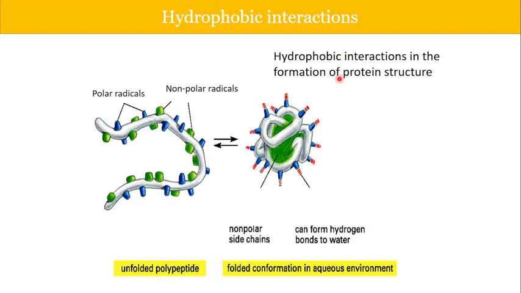Coming to the next one, hydrophobic interactions. Hydrophobic interactions are important in the formation of protein structure. There are polar moieties as well as non-polar moieties, and this is the unfolded polypeptide chain.